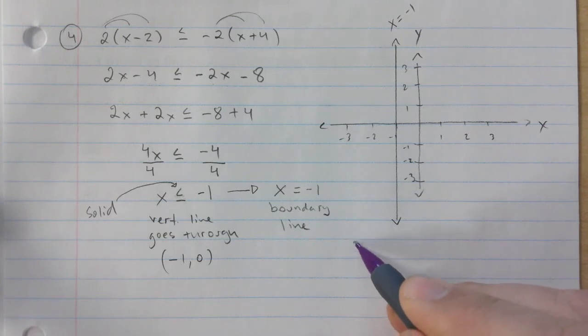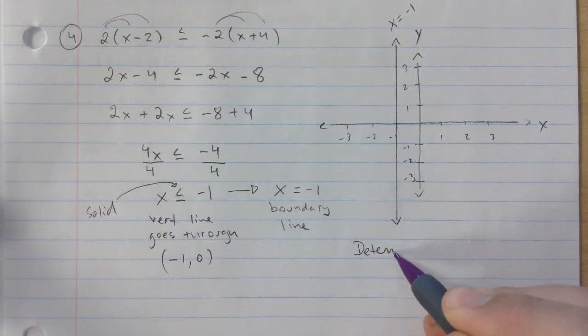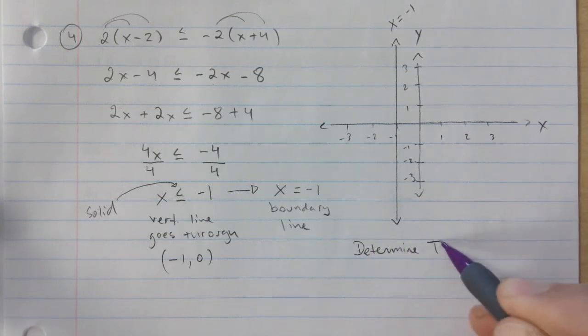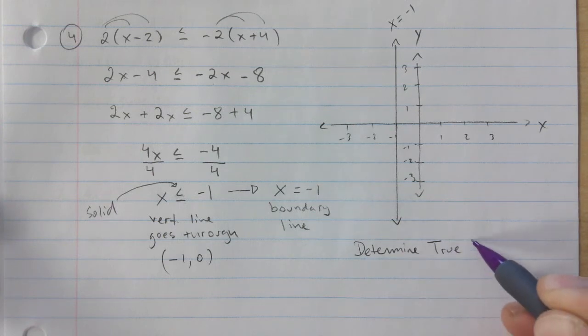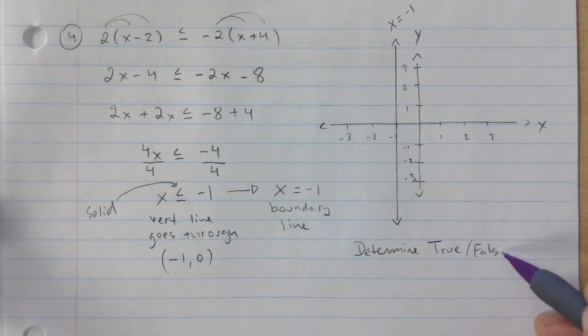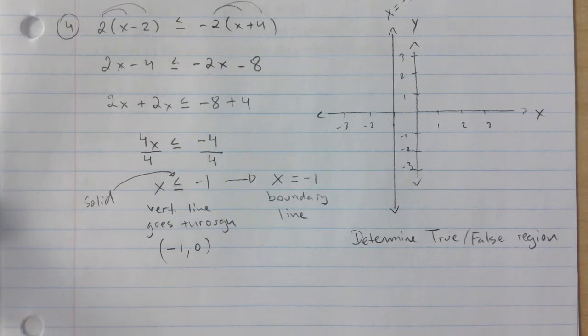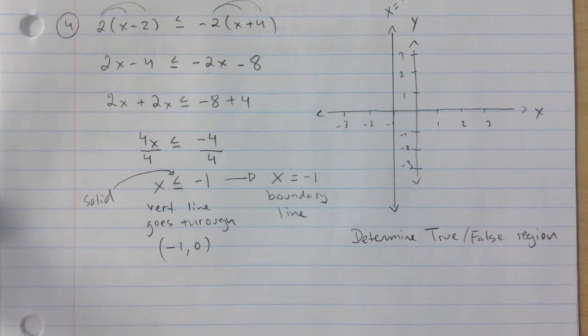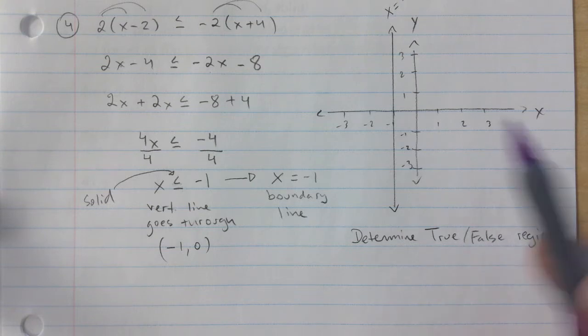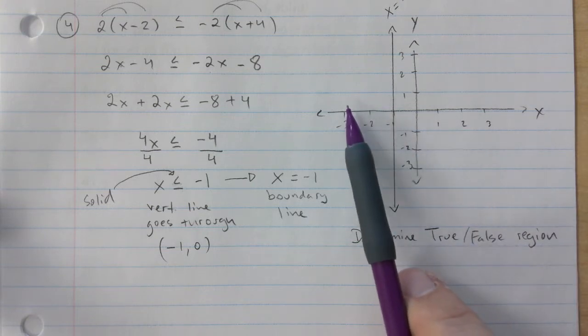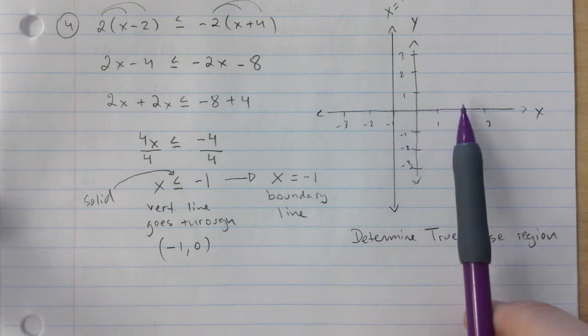And here I'm going to call this determine true, false region. Determine the true or false region. So you're going to have to figure out, is everything to the left true or everything to the right true?